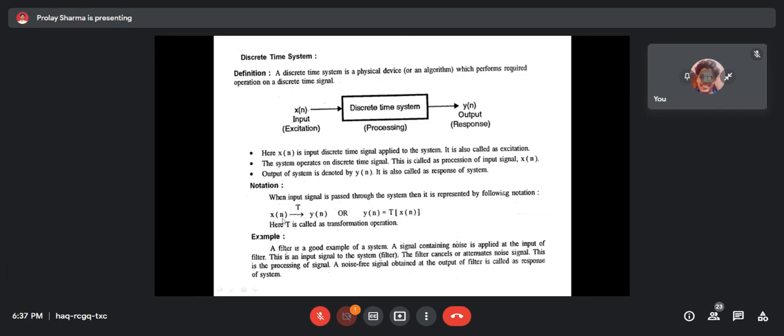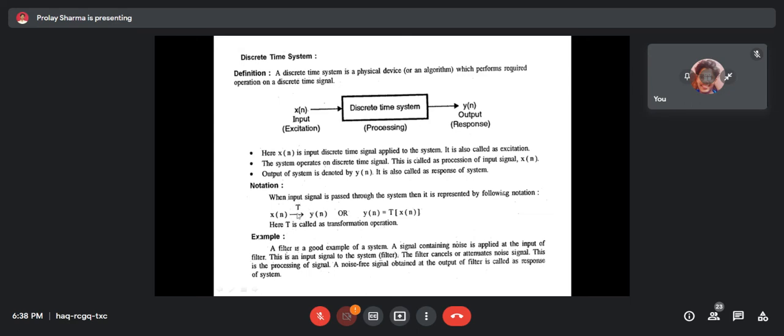Now, how can we define this processing mathematically in our course, by a mathematical equation? x[n] is a signal. When it passes through a system, the system transforms the signal to produce output.